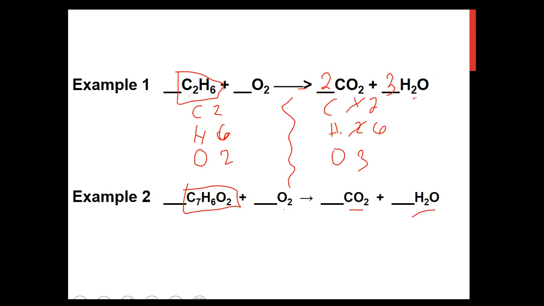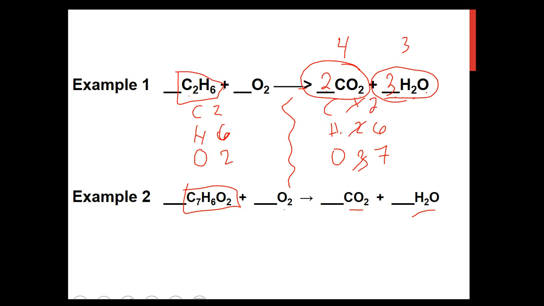All right, now let's figure out how many oxygens I have on the right. So I have 2 times 2, which is 4 here. I have 4 right there, plus I have 3 times 1 here. So I've got 3 here. So 4 plus 3 is 7. So now this is the odd oxygen rule.